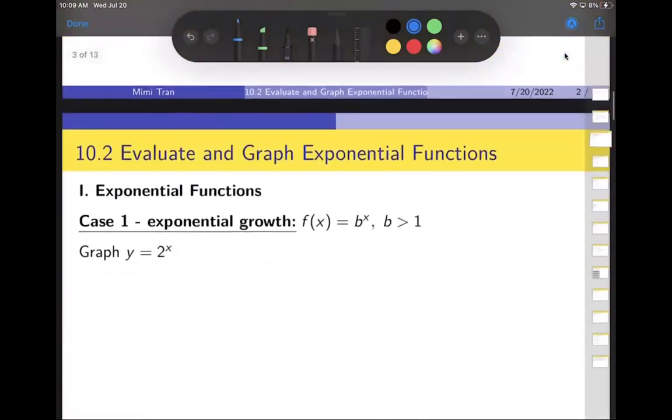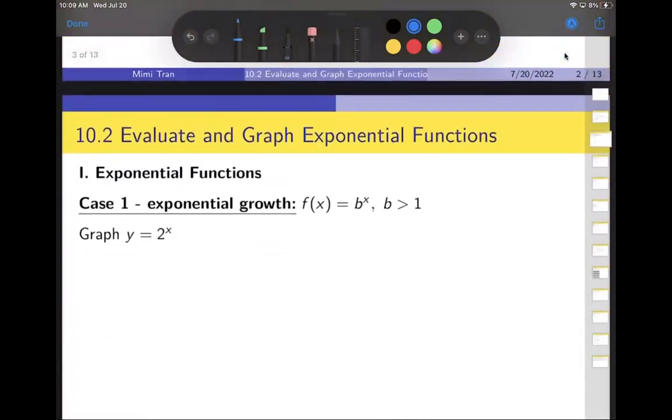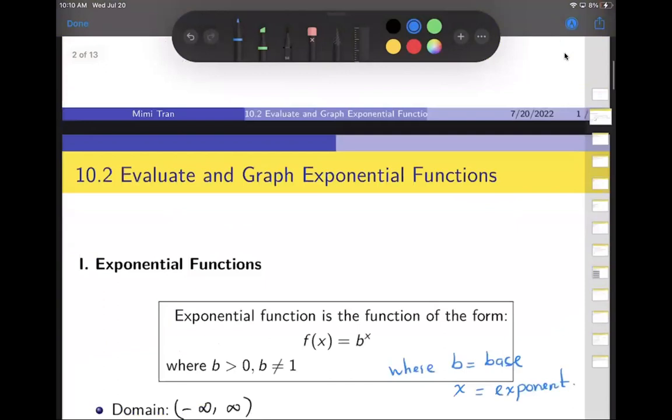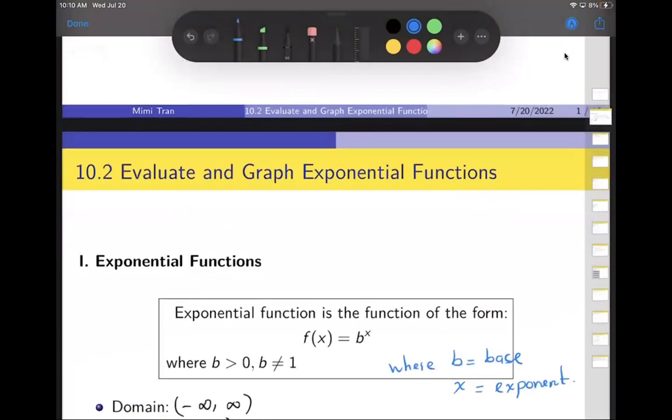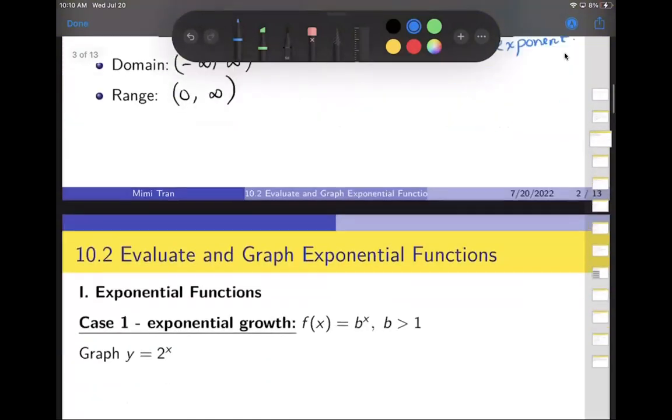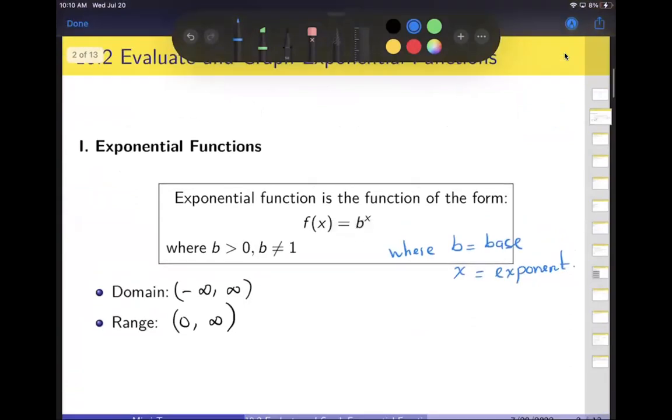Okay, so that's the exponential function definition. Now, there are two cases for the exponential function. Remember what I drew up there earlier, there were two cases, right? Let me draw it again. Negative infinity, positive infinity, 0, 1. It cannot be this or this or this, right?